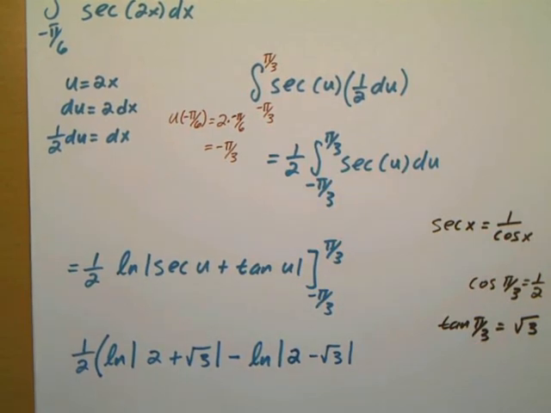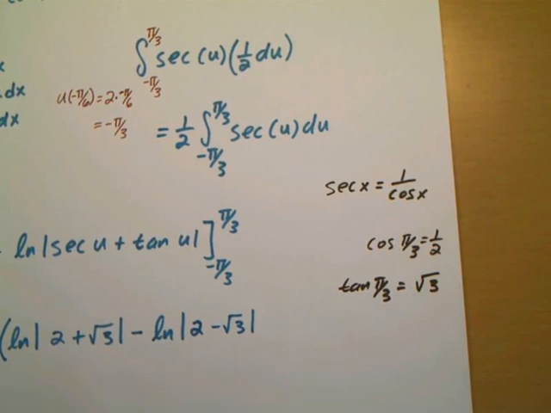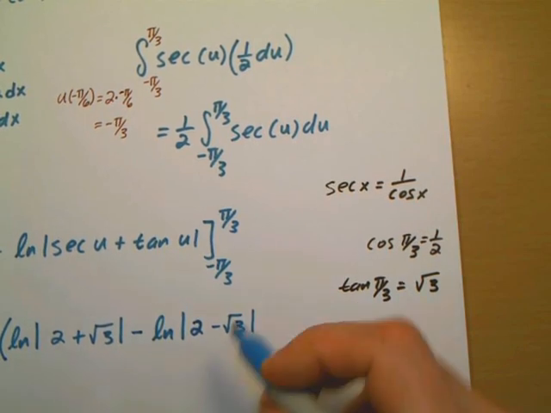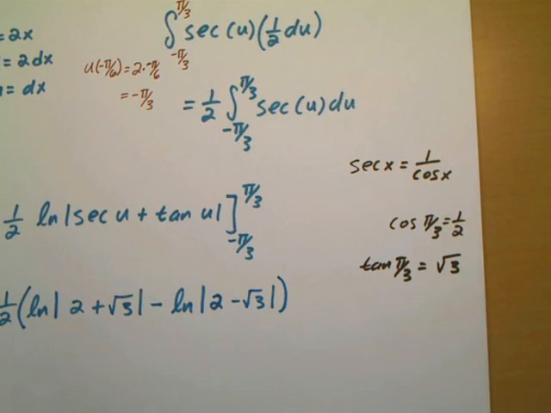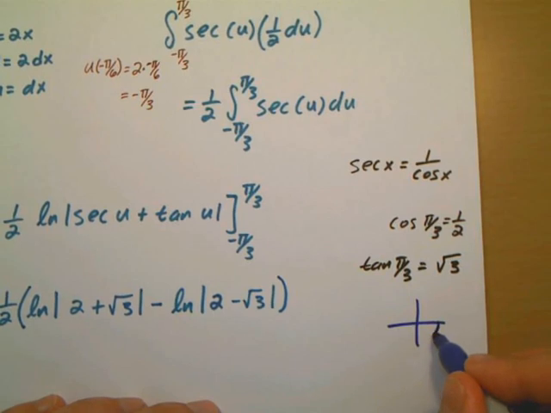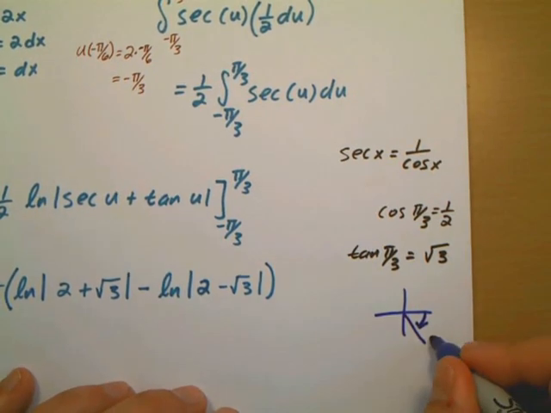And the reason for that is, let me close this off to finish my expression here, but the reason it's negative square root of 3 is because on the unit circle, let's say this is a unit circle, negative pi over 3 is going to be in this quadrant. So this is what negative pi over 3 looks like.